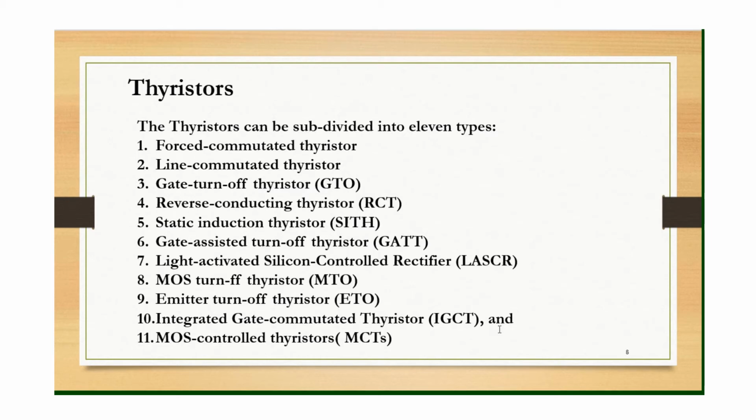So this is a broad classification. You need not worry about all of them. Maybe when we are discussing thyristors, some of them you will just have a glimpse of how they operate.